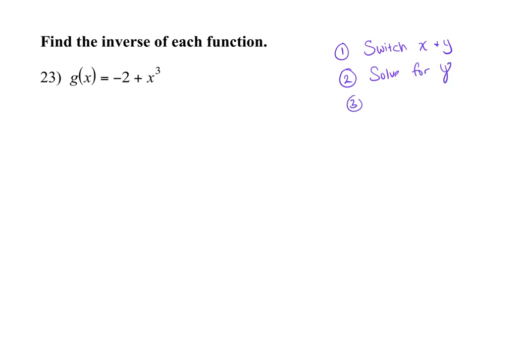And then make sure you change your notation to f to the negative 1 or g to the negative 1 or whatever your function was. All right? So in this case, our first step is to switch x and y. Remember, this is y. So we're going to switch these two. Instead of y equals negative 2 plus x cubed, we're going to say x equals negative 2 plus y cubed.